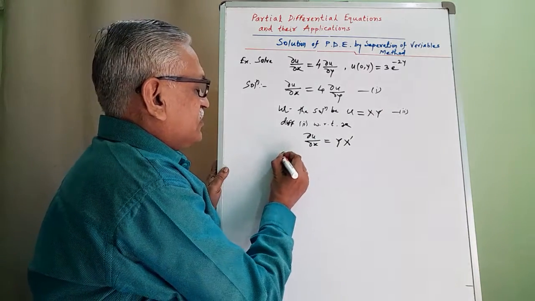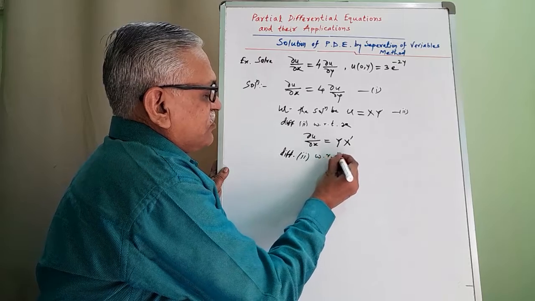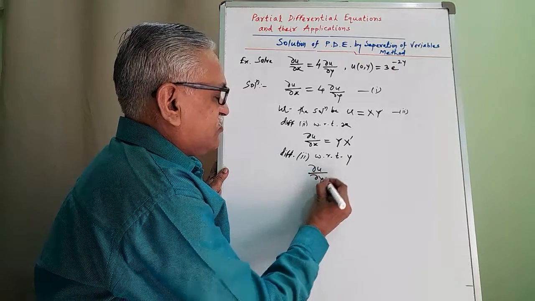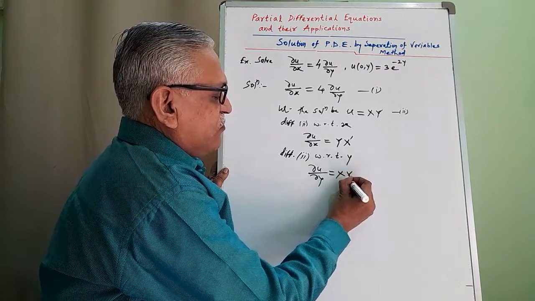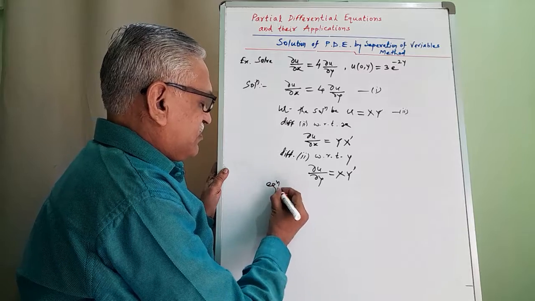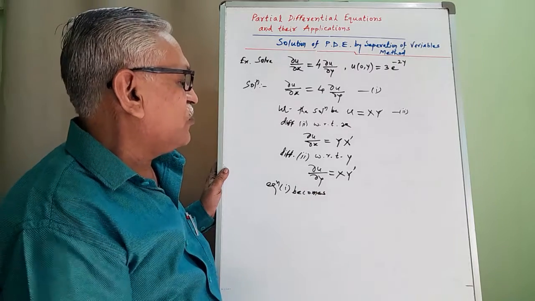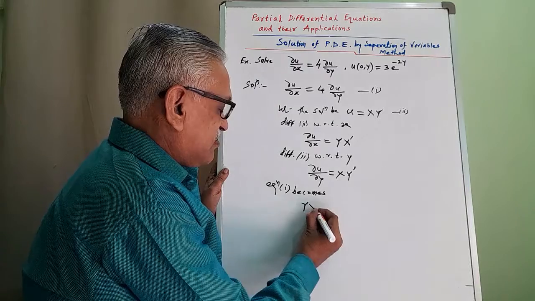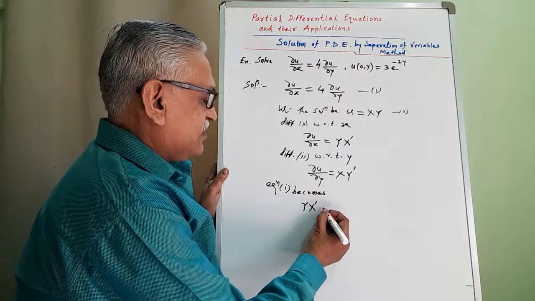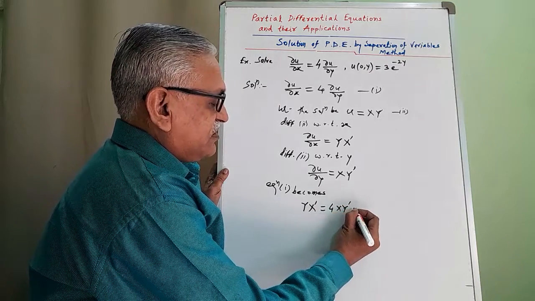Then differentiating 2 with respect to y, keeping x constant, this time we get ∂u/∂y = X Y', where X is constant and the derivative of Y is Y'. Substituting these two in equation 1, it becomes Y X' = 4 X Y'.